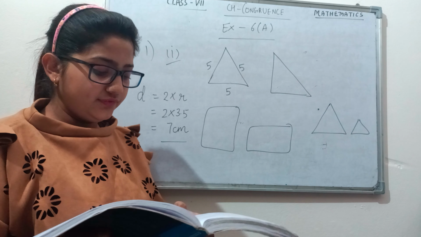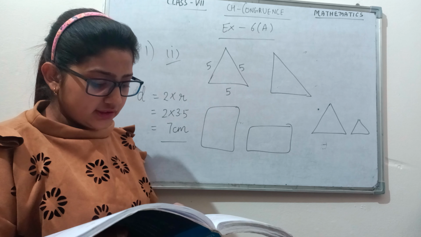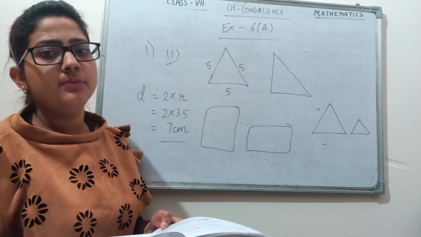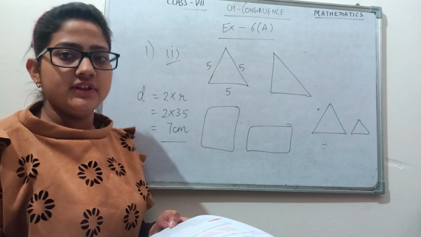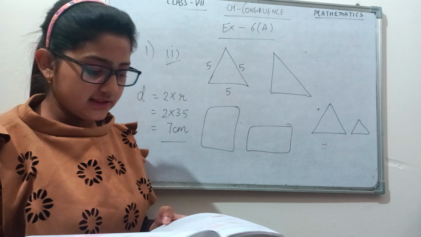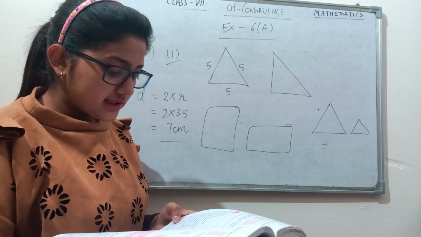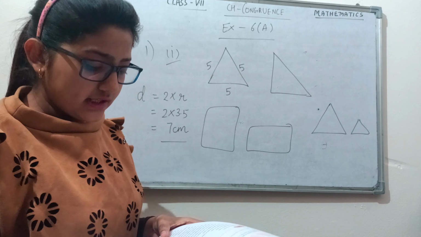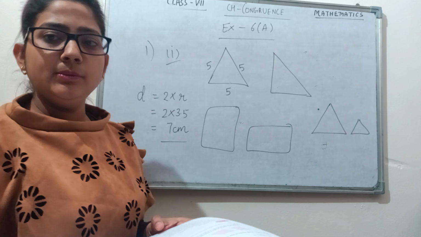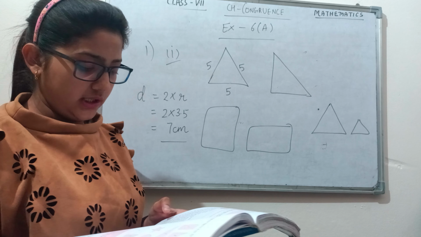Next, second, fill in the blanks. Two figures are said to be dash if they have the same size and same shape. Two figures having the same size and same shape are congruent, so the answer is congruent. Next is two figures are dash if they have the same shape. Two figures are similar if they have the same shape.